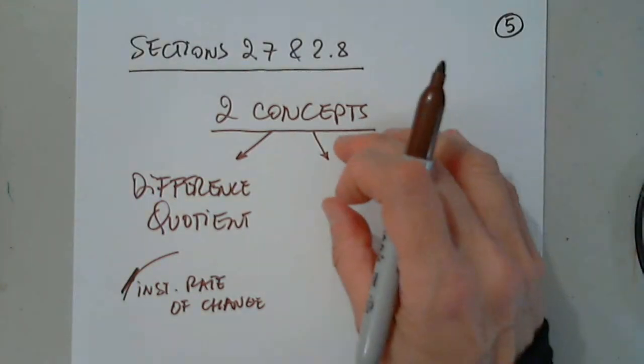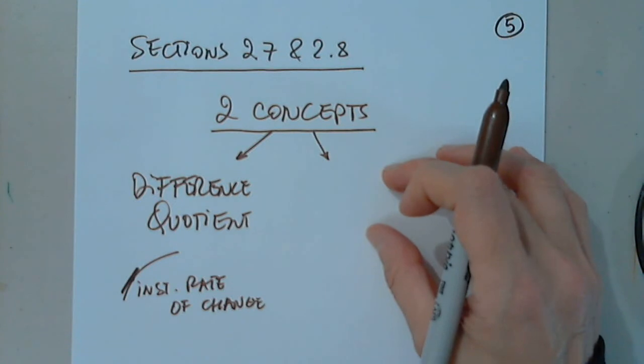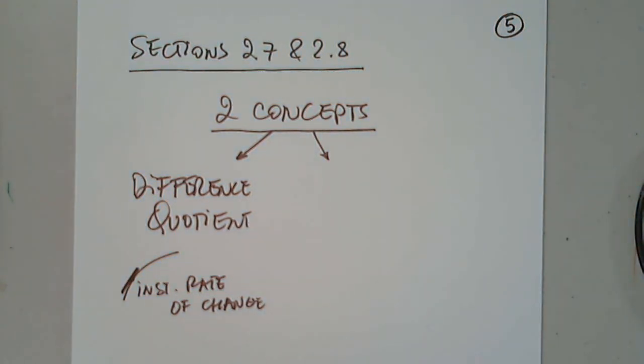Awesome. What was the other big concept that we talked about? In 2.2, in 2.3, in 2.4, in 2.5, they're all the same thing. Big concept again. Limits? Yes!